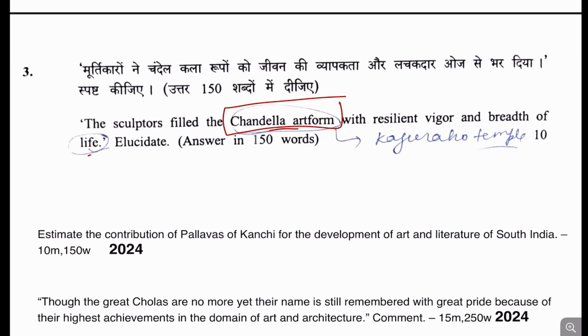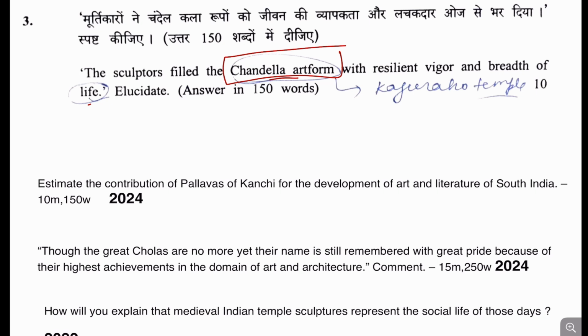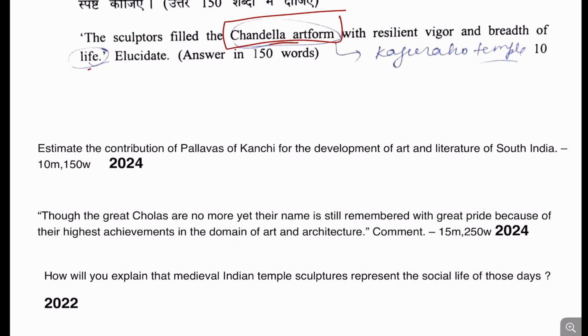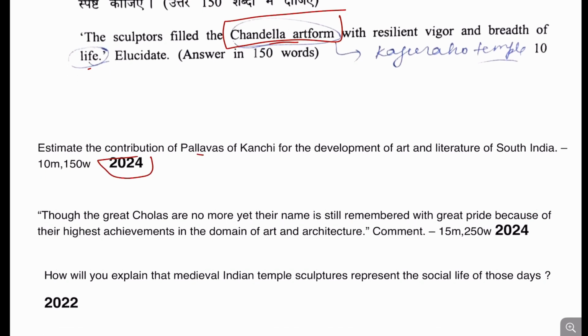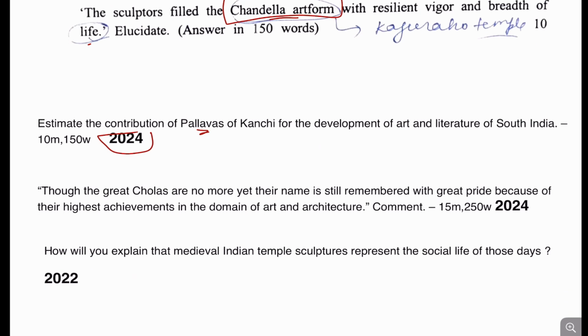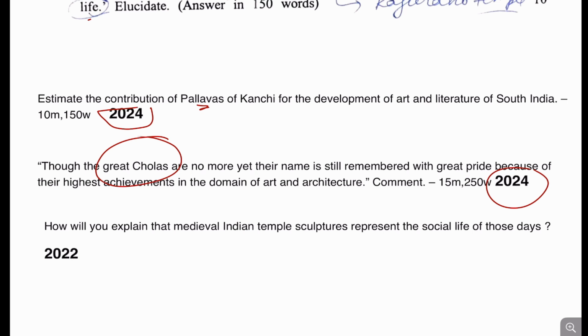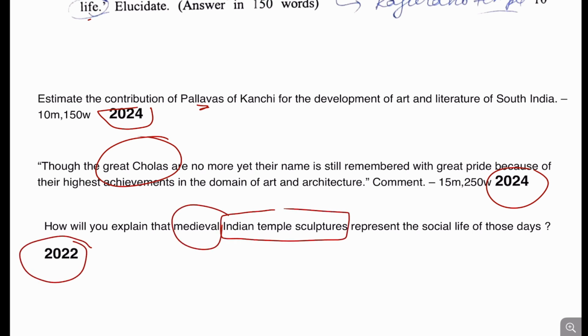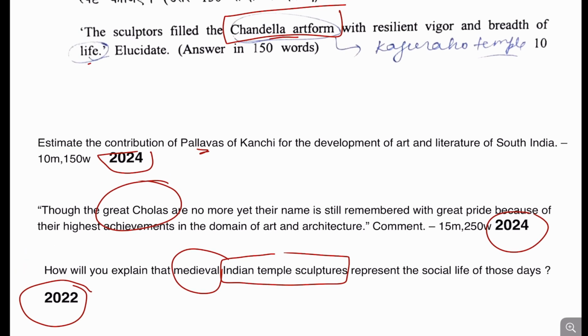From the trend analysis, in 2024 the contribution of Pallavas was asked, and the contribution of Cholas with respect to art and architecture was also asked. In 2022, Indian temple architecture in the medieval time was asked. So this question could be derived from the 2022 question; it is an extension of that question.